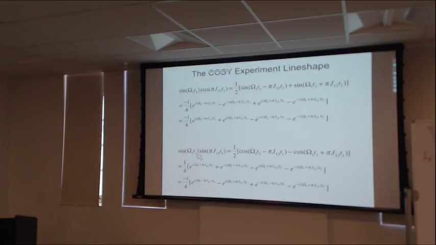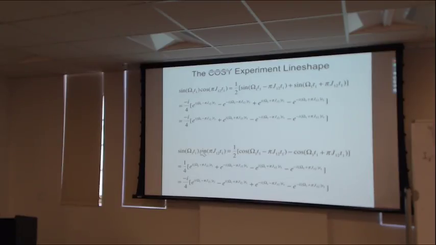Our other possibility was the sine term. So I do the same thing. I express it in terms of first the sum of two sinusoids. Now you can see I get the difference between the two. So this means I'll have an antiphase doublet.